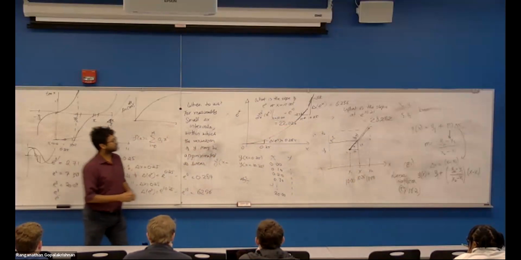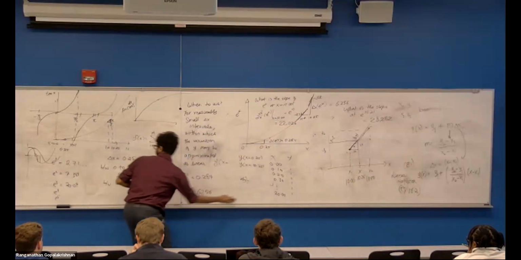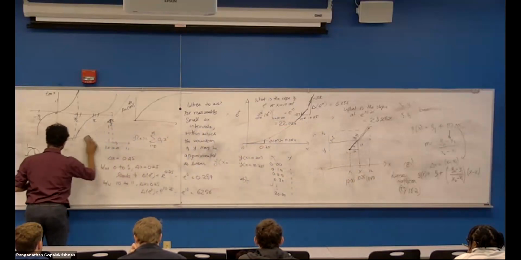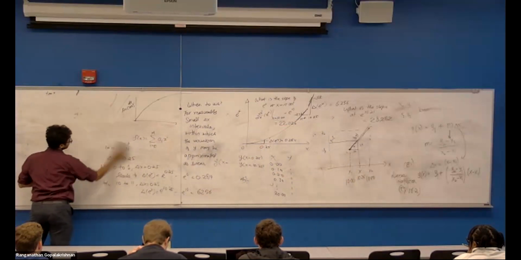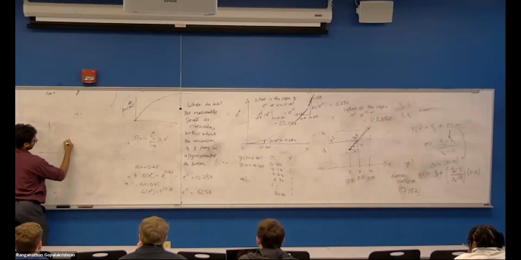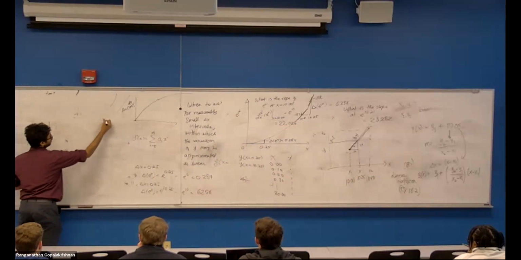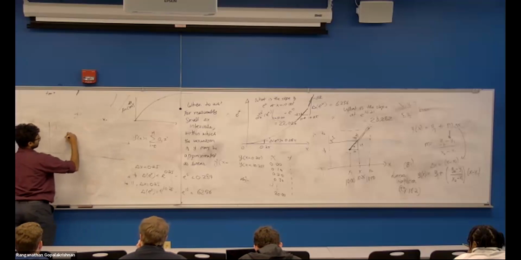That's the point. Suppose you have a function that here is 0.1 and here is 0.2, very far away, and within that range it does something like this.